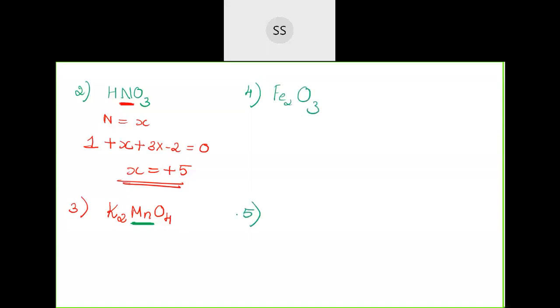Few more compounds I am writing at this side. Once you finish this third one, then you can go for the next, the fourth and fifth one. Fourth is Fe2O3. Next I'll write H2S2O7.